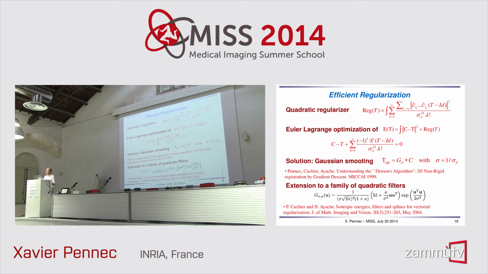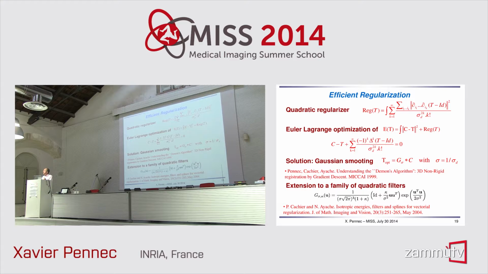It's because if we minimize this criterion with this regularization, there is a closed form solution, and the closed form solution is the convolution with a Gaussian. And we all know that the convolution with a Gaussian is very efficient. So we have a closed form solution for this step. So here the trick is the following.